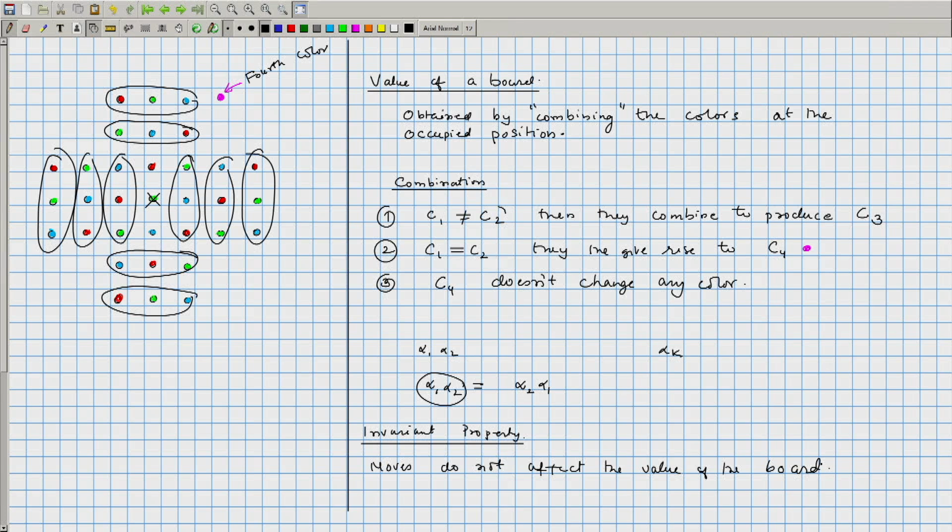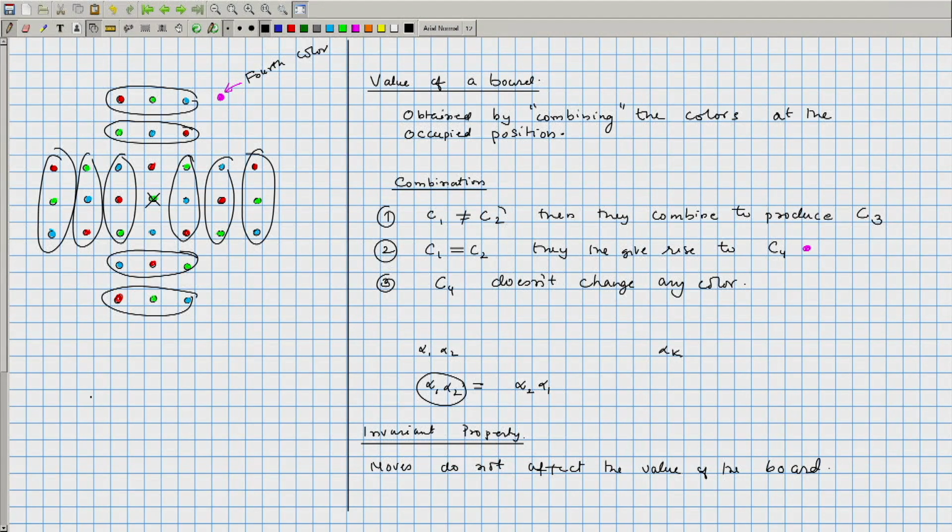Okay. So look at the value of a board before and after a move is performed; the value remains the same. Why is this so? Because let us look at any move, think of it as horizontal, vertical is similar. So you have three positions.